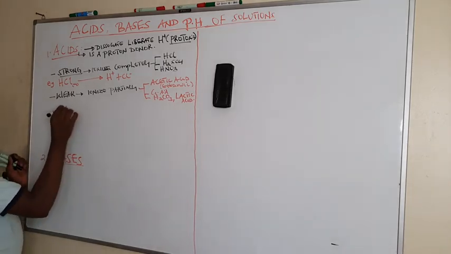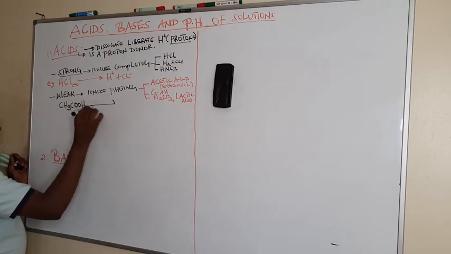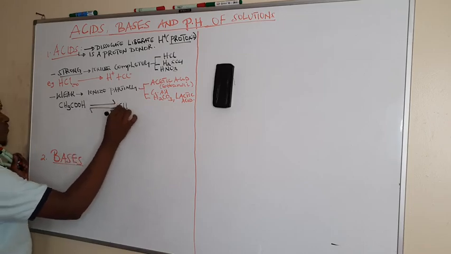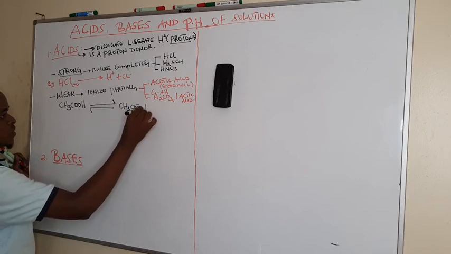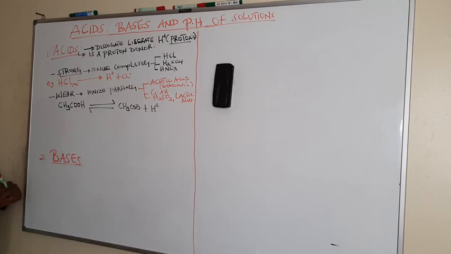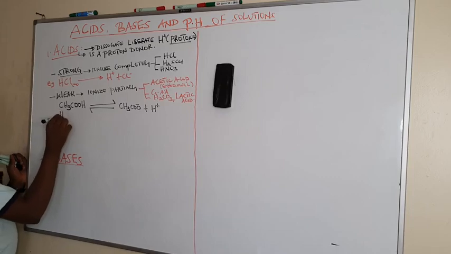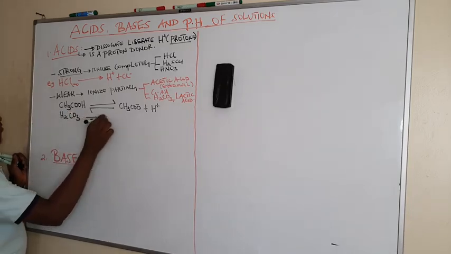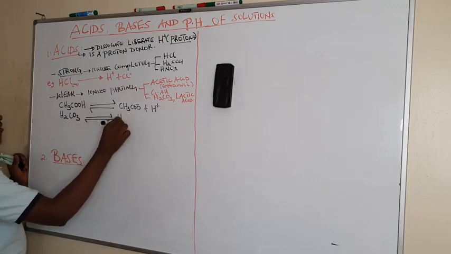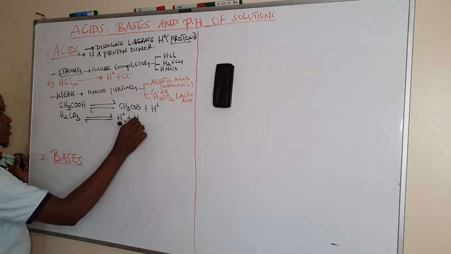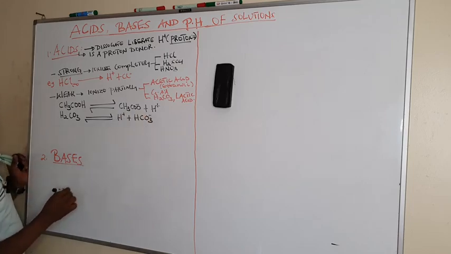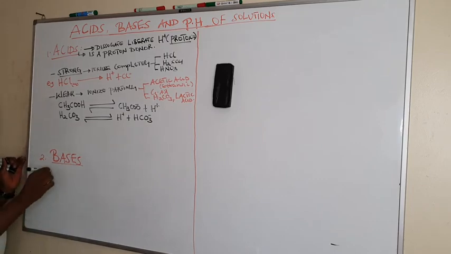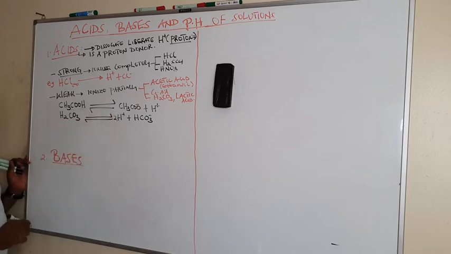For example, acetic acid or ethanoic acid dissociates partially to give ethanoate ions plus a hydrogen ion. Or the weak carbonic acid dissociates partially to give hydrogen ions plus bicarbonate ions. If we are to balance here, we put 2.